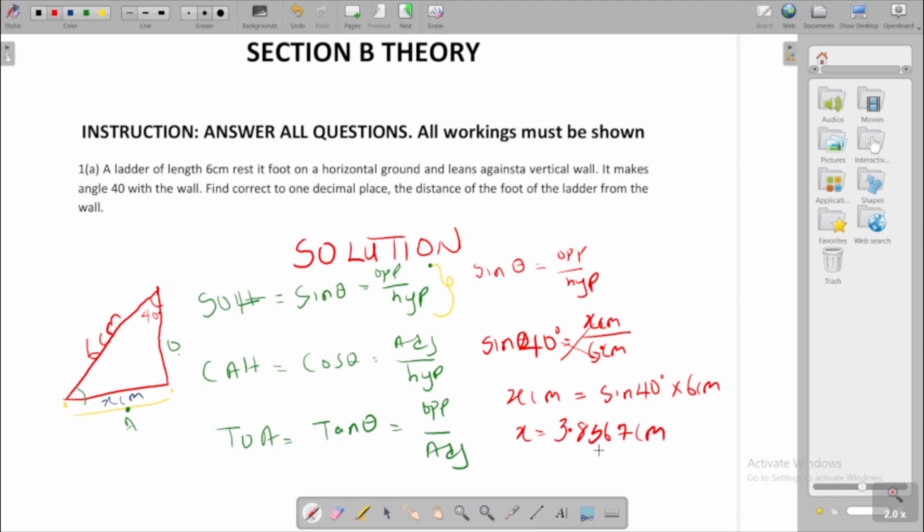We can approximate it. We turn this 5 to 1, because it is up to 5, add the 1 to this 9, and we turn the other number to 0. Therefore, x is 3.9 centimeter. That is the distance between the foot of the ladder and the foot of the wall.